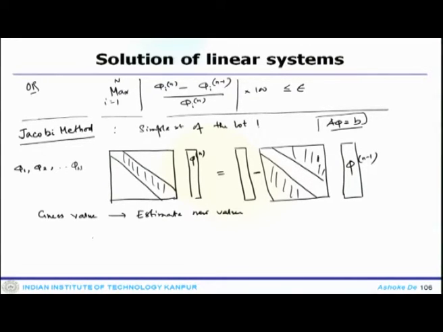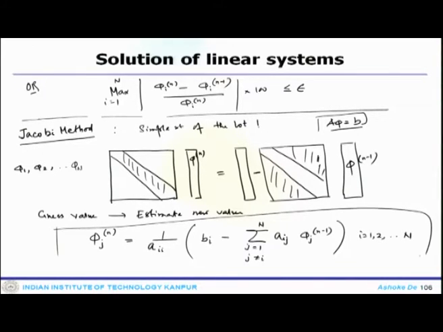So one can write this in a compact form: at the nth level, the phi i value would be 1 by a_ii times (b_i minus the summation over j equals 1 to n, where j not equal to i, of a_ij phi_j at n minus 1), where i goes from 1 to n. So this is how, for any i, one can find out this process.